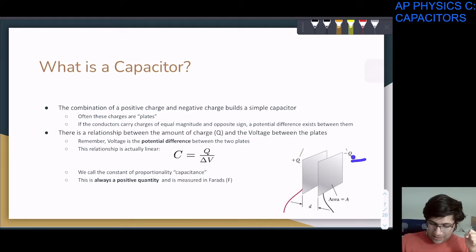So this is minus Q. Then there's a potential difference. And the special thing is that the potential difference and the amount of charge have a special relationship. So what this is saying is that the relationship is linear. And the constant of proportionality for this linear relationship is C, which we define to be the capacitance.